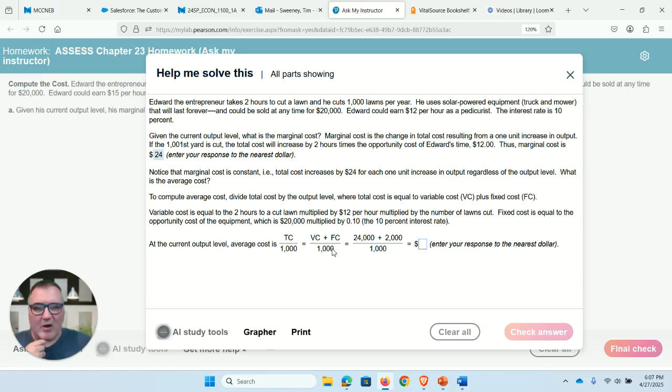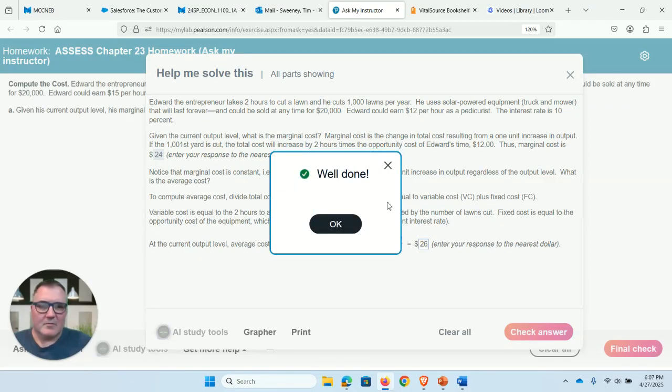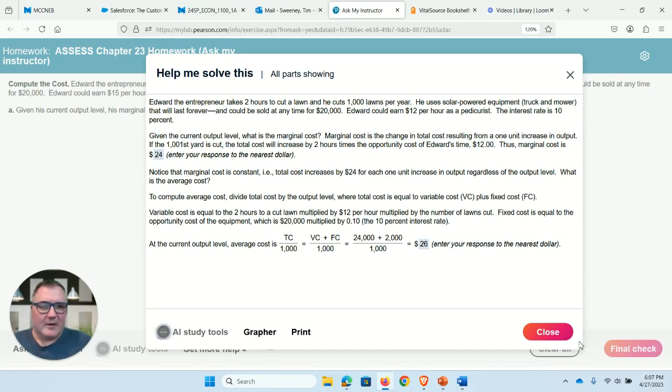Every yard costs $24, and so at 1,000 yards, the total variable cost is 24,000 plus the 2,000. So 26,000 divided by 1,000 is 26. And so that should do it.